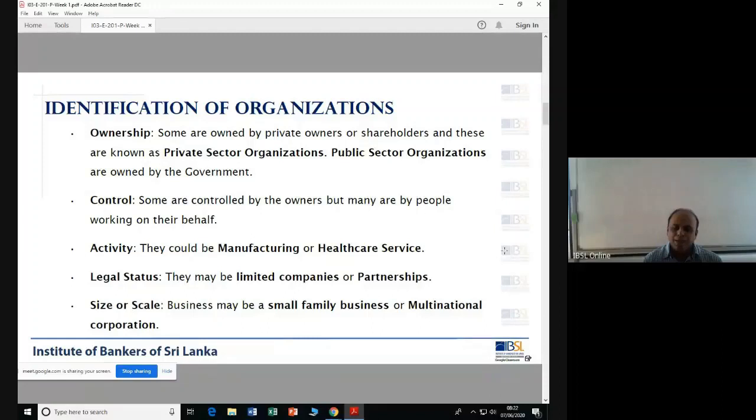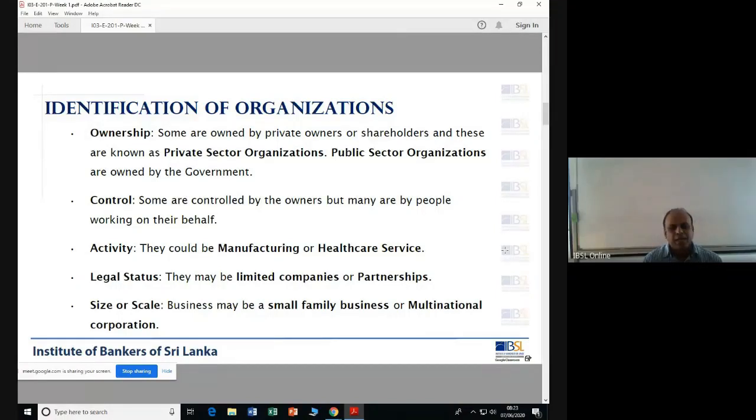But partnerships means where more than one person gets involved in order to run a business. Again, these two concepts we will learn in detail later on in the program. So the legal status determines whether this is a limited company, limited by liability or unlimited by liability, or this is a partnership concern.